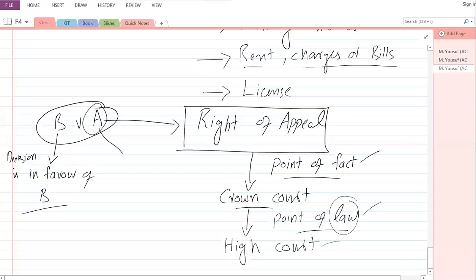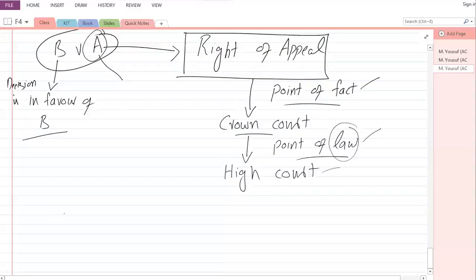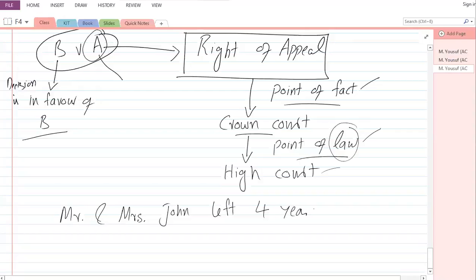For example, Mr. and Mrs. John left their 4 years boy home alone for 2 days.